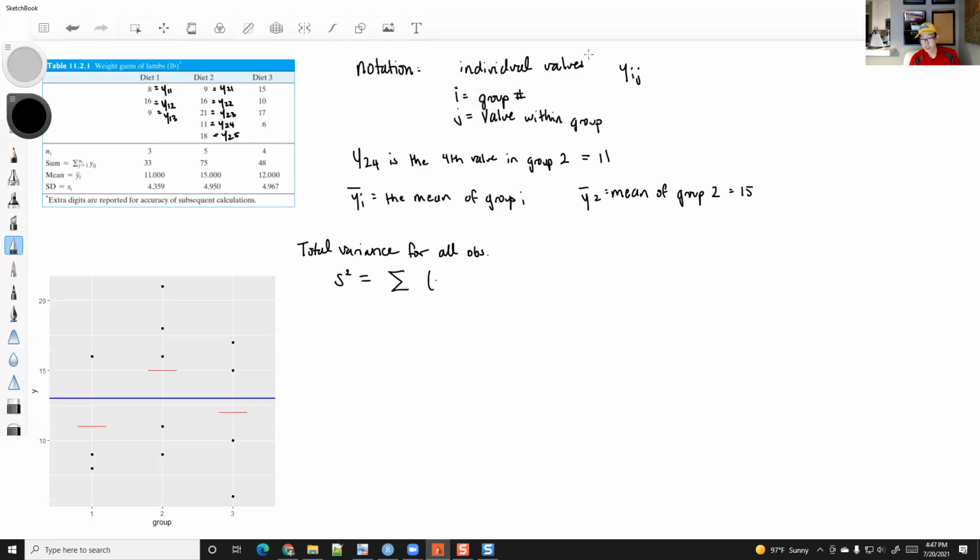This is going to be each individual value minus the grand mean, squared, divided by total observations minus 1. Okay, and so we would go through and do 8, the grand mean is 13, right?